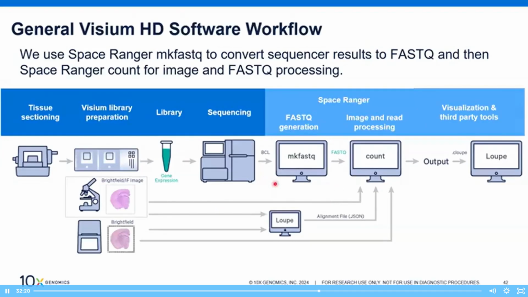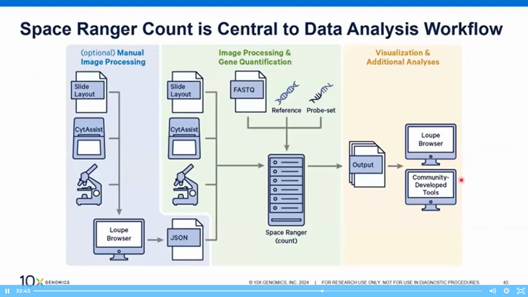As I mentioned, mkfastq uses the raw output of the sequencer. The count pipeline then incorporates the images that you will put into the analysis and the transcript data, and creates an output for you. And what this output looks like, I will show you in a minute.